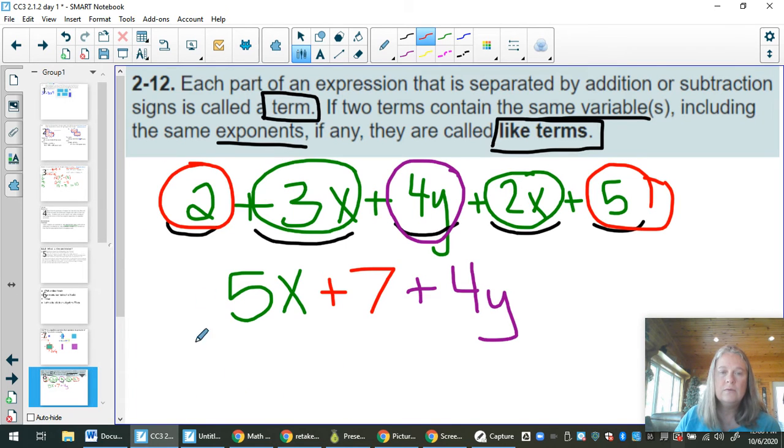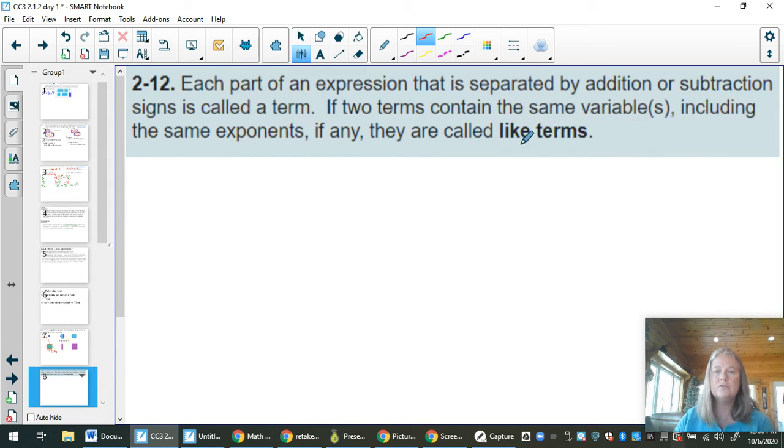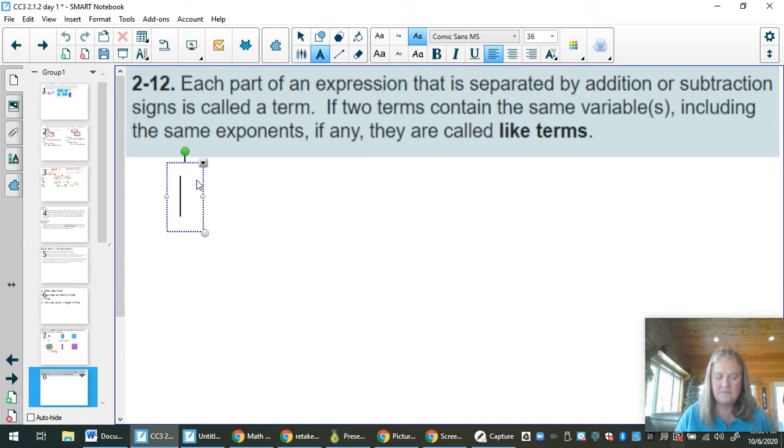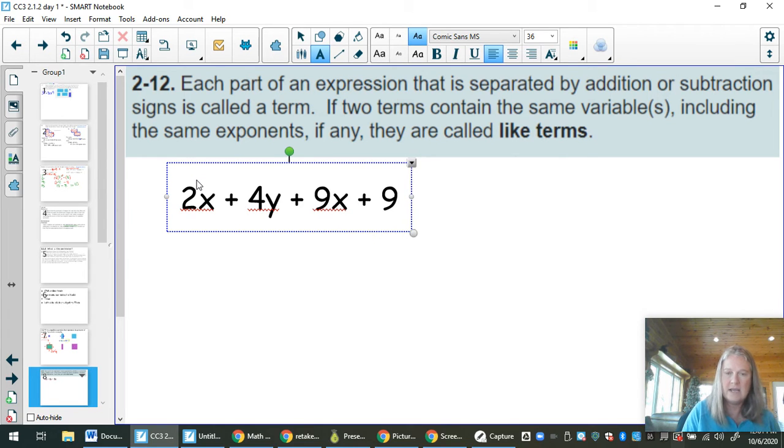So then we have a problem where we want to do what's called combining like terms. Well, before you can combine like terms, you need to know what we mean by terms and then what like terms are. So if I have the problem 2x plus 4y plus 9x plus 9 plus 8y.